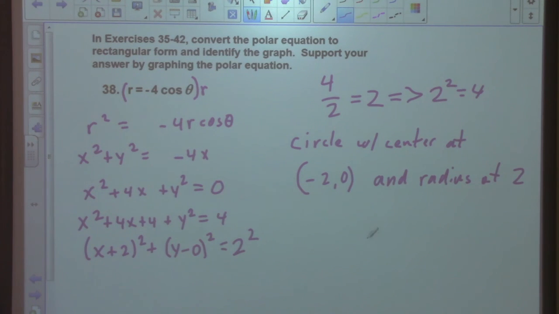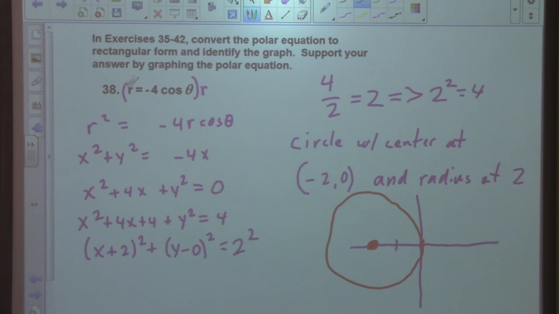And so what that should look like, if we're not mistaken on this guy, is we should see, to the left here, a center of a circle right here, and we should see a radius of 2. So the circle is going to be over here looking something like this, right?